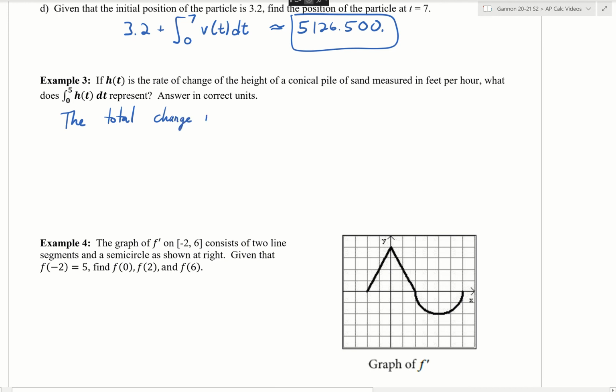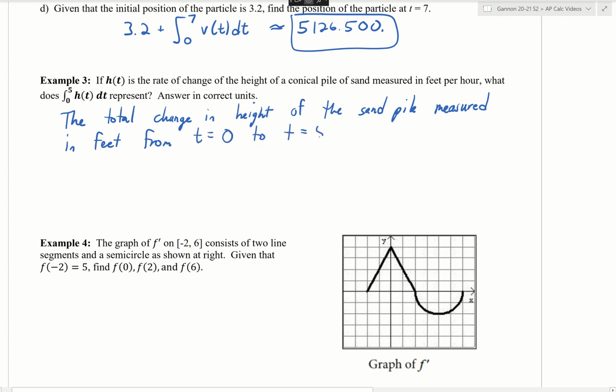So the total change in height of the sand pile, measured in feet, from t equals 0 to t equals 5 hours.